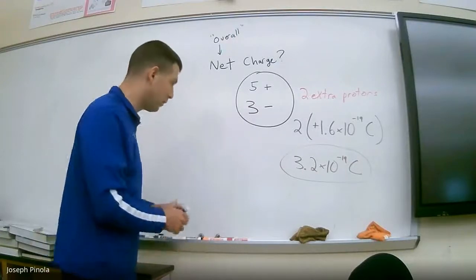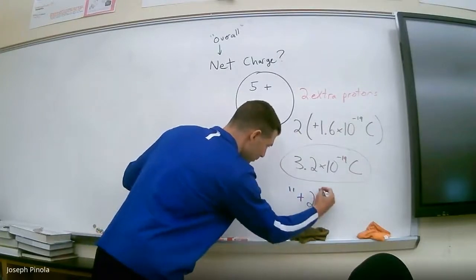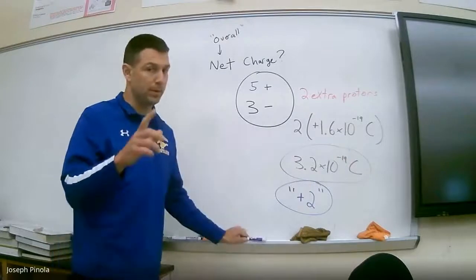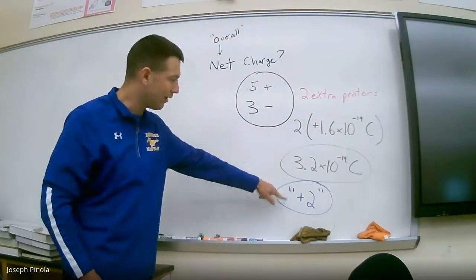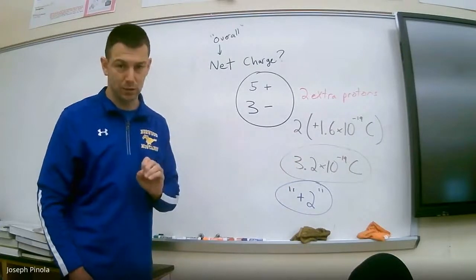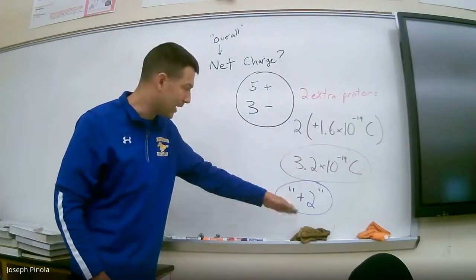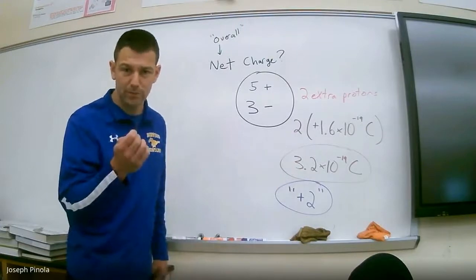Many people will simply refer to the net charge as positive 2. But we know if you were being asked to use units, that positive 2 corresponds to 3.2 times 10 to the negative 19th coulombs. 2 extra protons would carry this much of an actual value of charge.